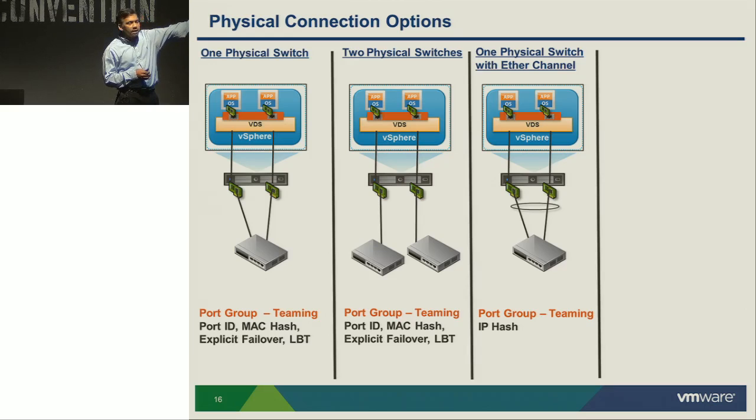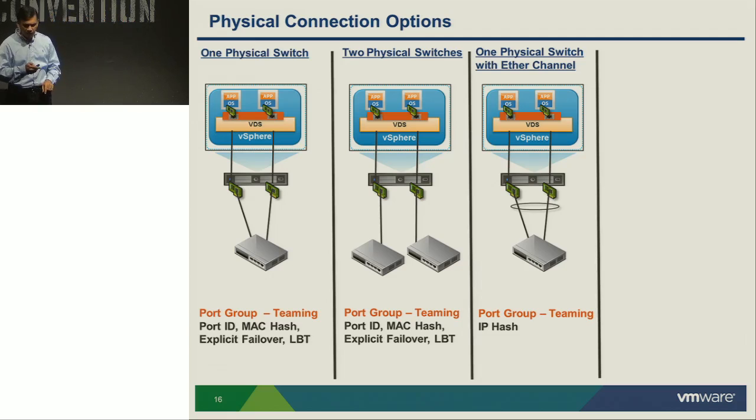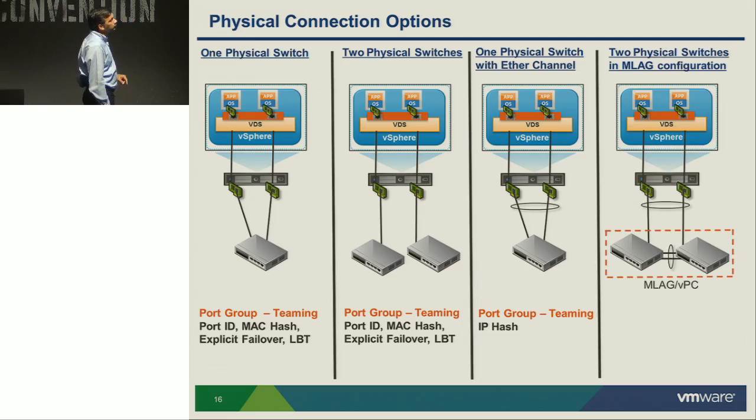When this configuration is there, you have to make sure that the port group is configured for the IP hash configuration. Remember that the first two options don't recommend IP hash. The third option, where you configure the Ether channel on the physical switch, then only you make sure that IP hash is configured on the port group there.